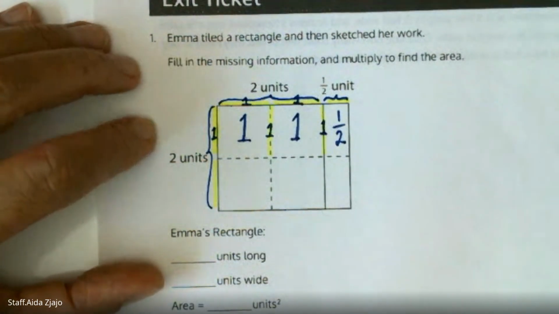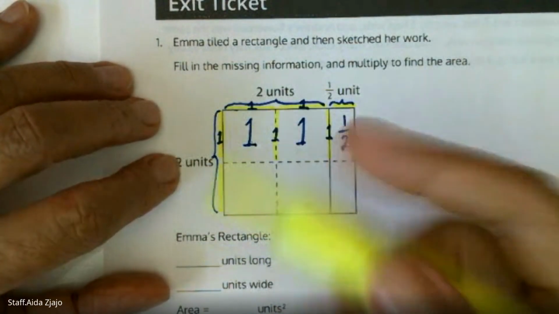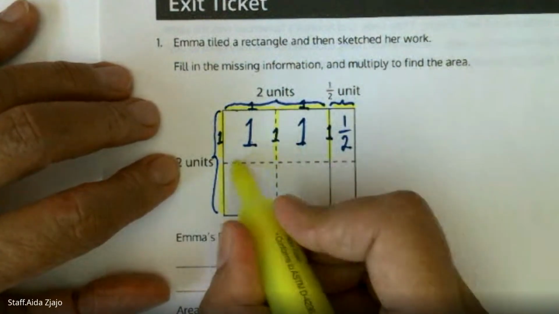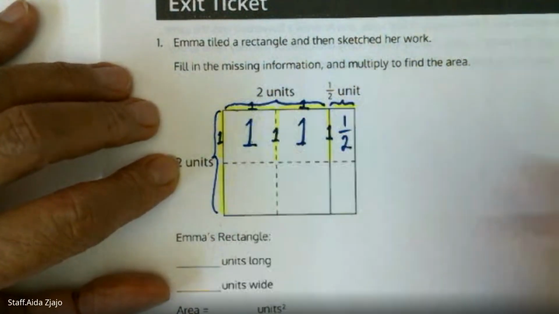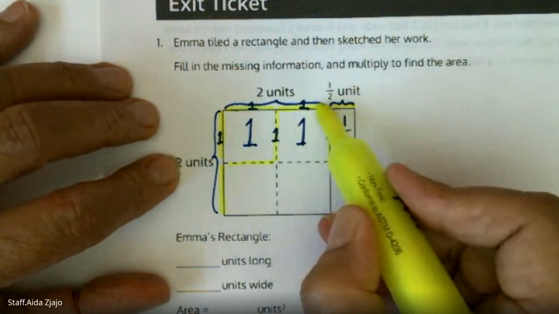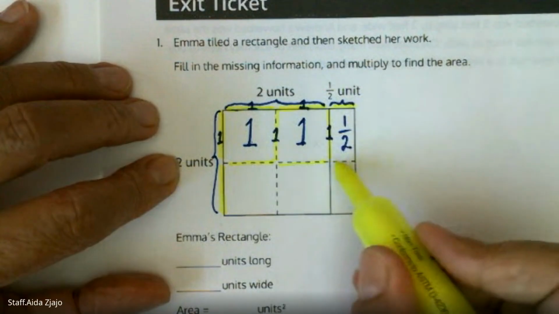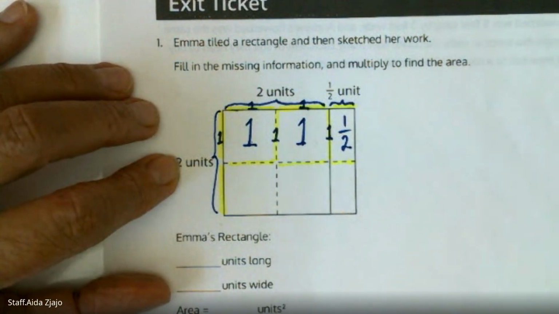Okay, now we are done with this part of the area. Now we're going to do this part as well. If this is 1, so is this. If this is 1, so is this line. Parallel line half, this is also half. They are equivalent.